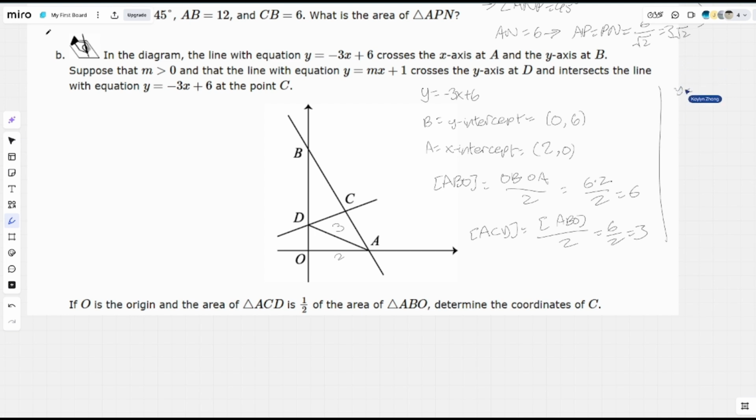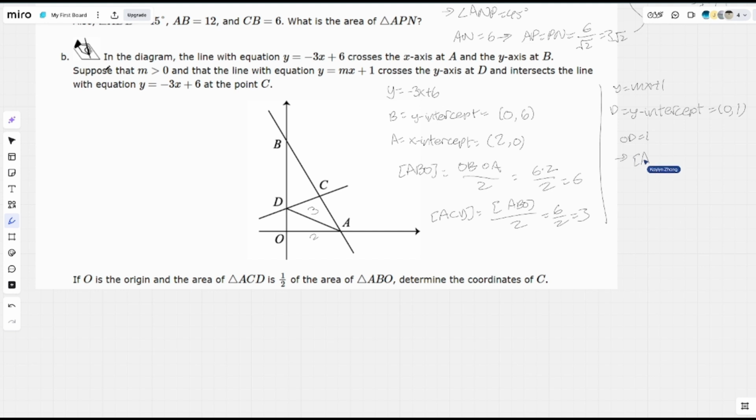So let's look at the line y is equal to mx plus 1 now. So D is the y-intercept of this line. So if we plug in x is equal to 0, then we see that y is equal to 1. So that means that OD is equal to 1.